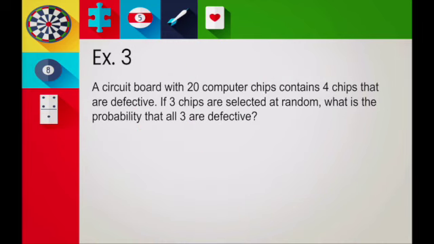A circuit board with 20 computer chips contains 4 chips that are defective. If 3 chips are selected at random, what is the probability that all 3 are defective?